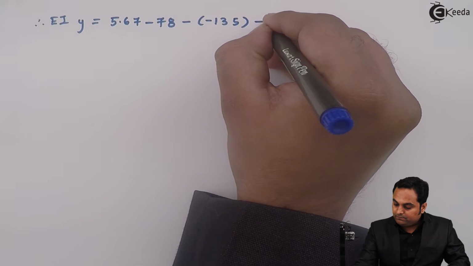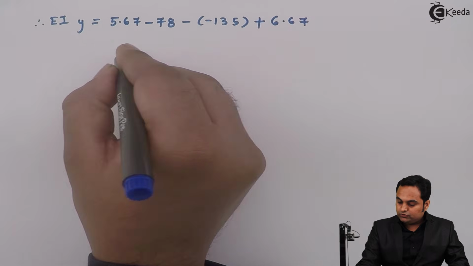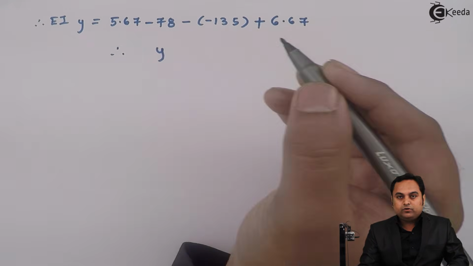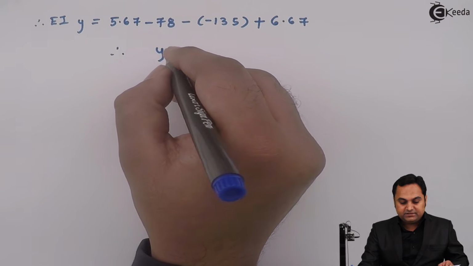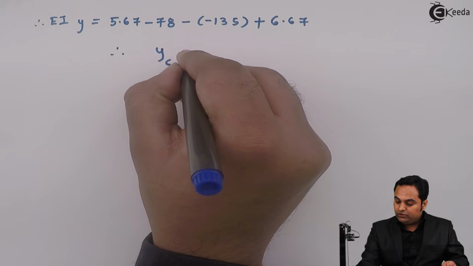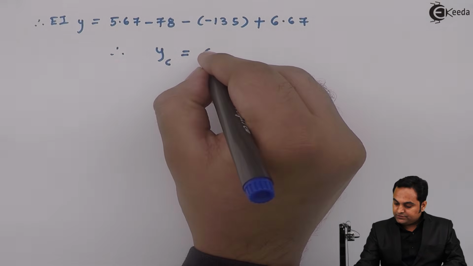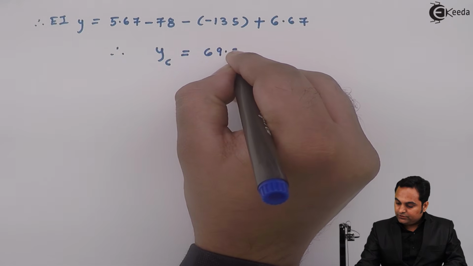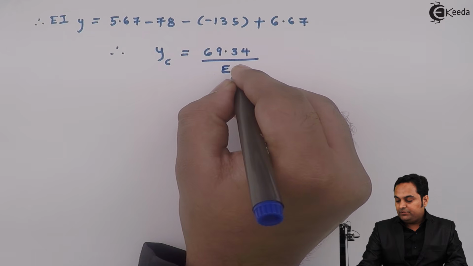Then we have plus, the last term is 6.67. So on adding them, we are going to get y, and this y is at point C. So yc will be equal to 69.34, and I will put the EI term in the denominator here.